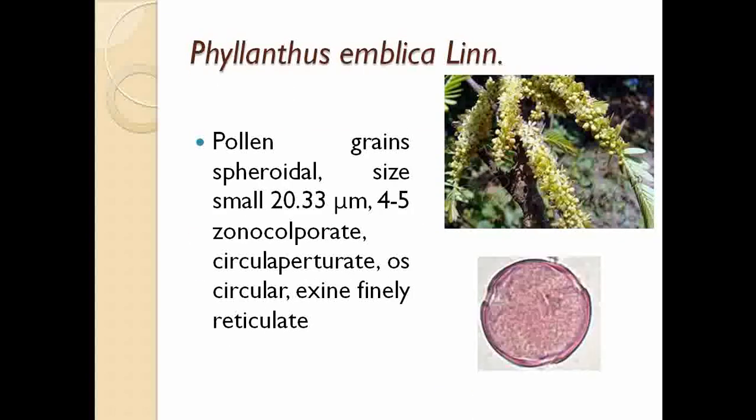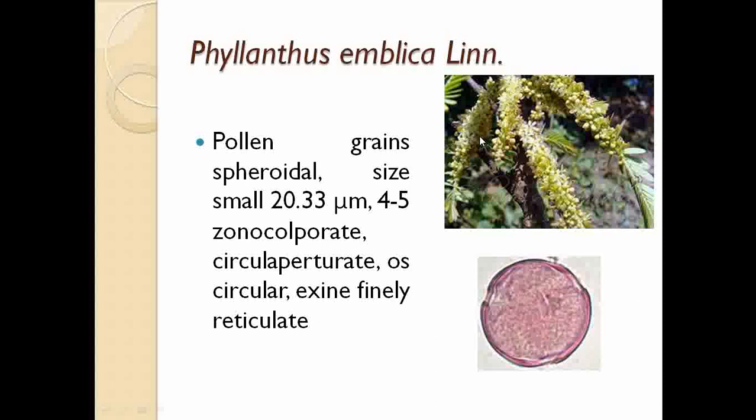The next one is Phyllanthus emblica. Whenever we observe the pollen grains after performing acetolysis under the microscope, we observe a structure like that. It is spheroidal. It shows the presence of 3 or you can say 4 zones. That's why it shows a 4 to 5 zonocolporate structure.